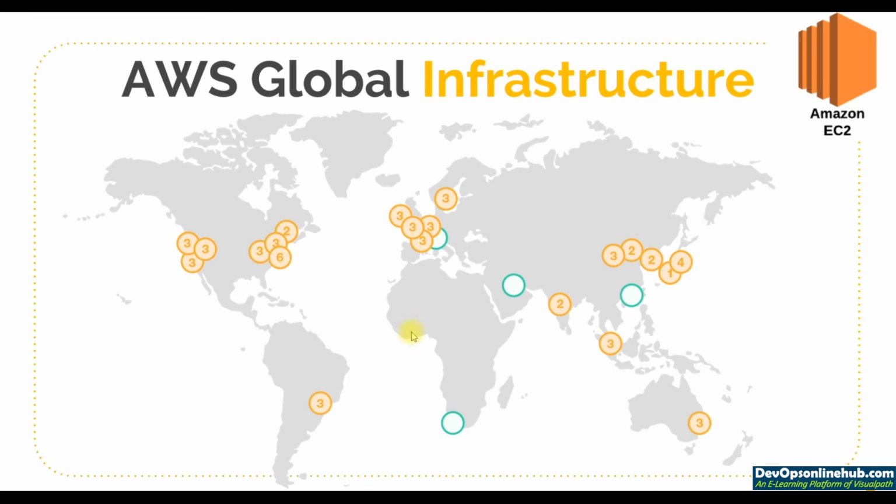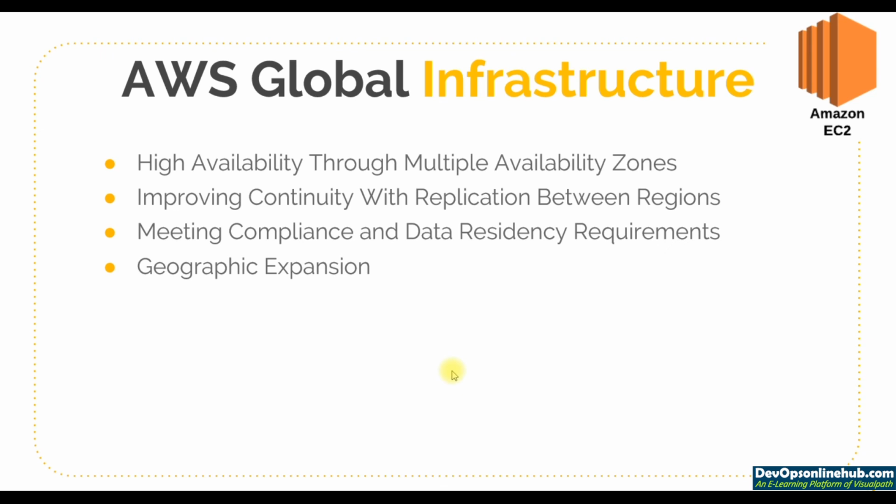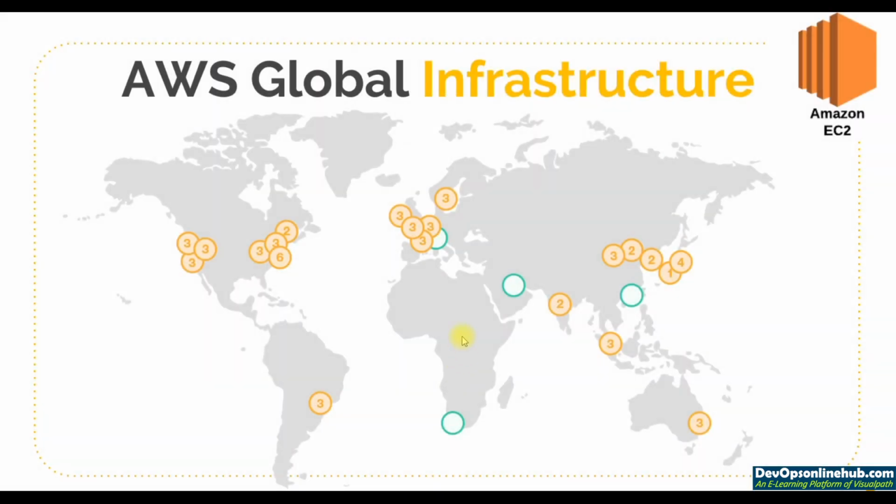Let's say your user presence is somewhere here in some African country, and let's say the Cape Town region is up. You want to know whether Cape Town is going to be good or the Europe regions are going to be good. Or if your users are somewhere in South America, you want to know whether these regions are going to be closest or the South American region is going to be closest.